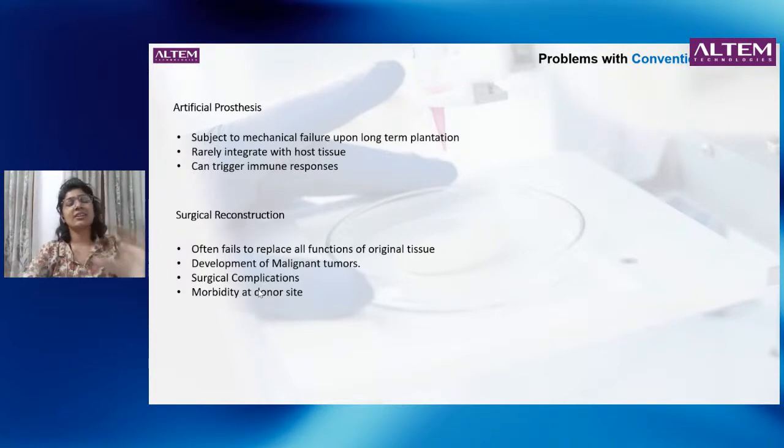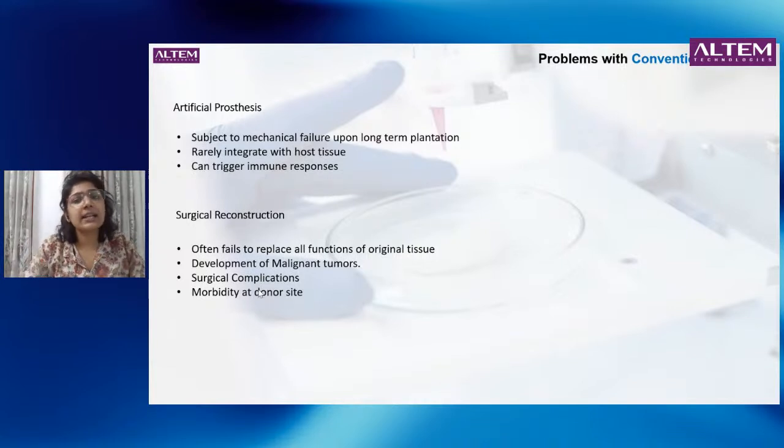And with surgical reconstruction, you have failure due to replacement of a functional part, development of malignant tumors, surgical complications, and morbidity at the donor site. These are very effective methods that we would use for treatment of diseases, especially accidental or trauma cases. But there are also some negative impacts of these, although they work the best.